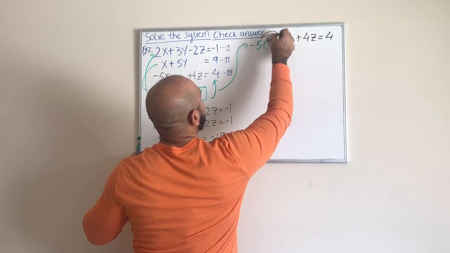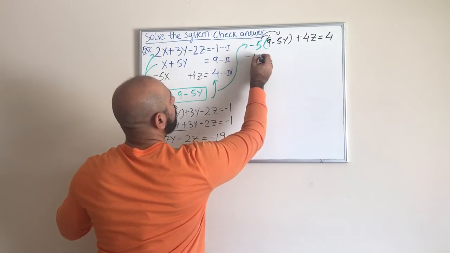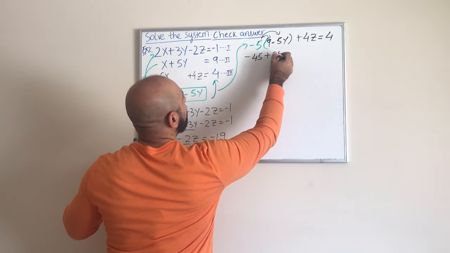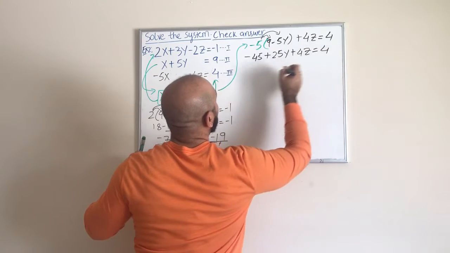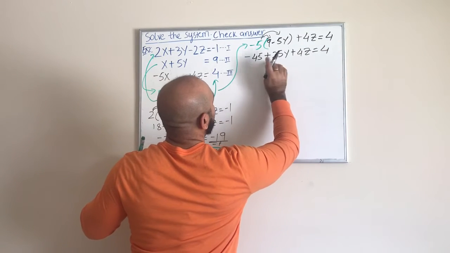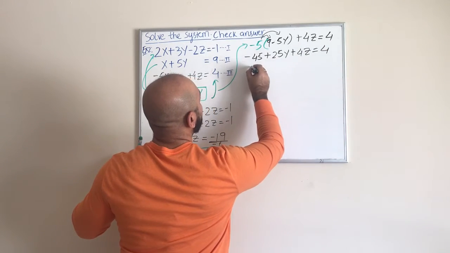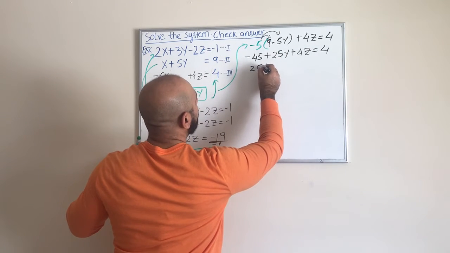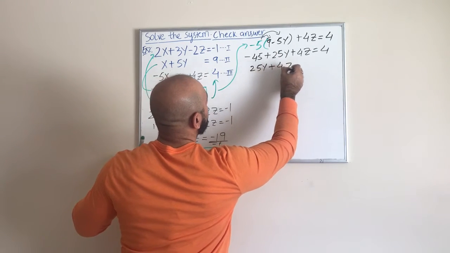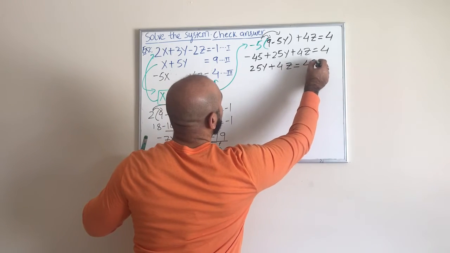Simplifying this by distributing, negative 45 plus 25y plus 4z equals 4. There's nothing to combine here, but you want to bring that 45 to the other side, so it is 25y plus 4z, and when I bring it to the other side it's going to be 49.